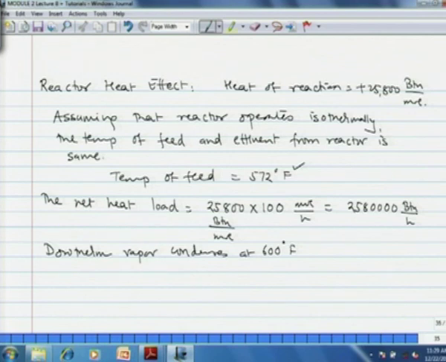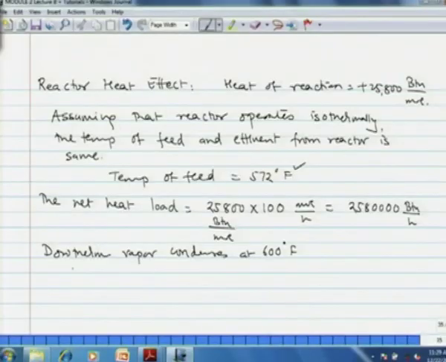This was also given to us. If we assume no subcooling of the condensate, the driving force or delta T will be 600 minus 572, that is 28 degrees Fahrenheit.